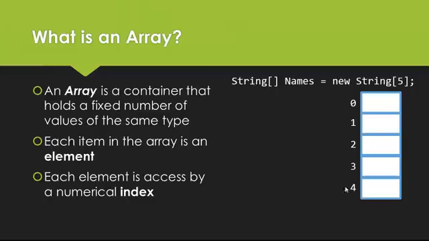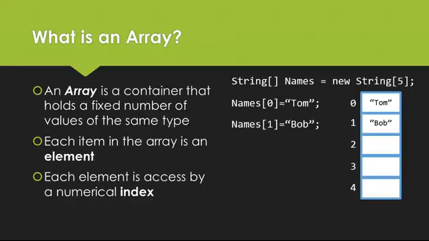So to index any one of these arrays, I use the value of the index inside the brackets of the variable. For example, names sub 0 gets assigned the value Tom. That puts the string Tom in the first element of the array, that is index 0. Same thing for Bob, that would go in index 1, Joe in 2, etc.